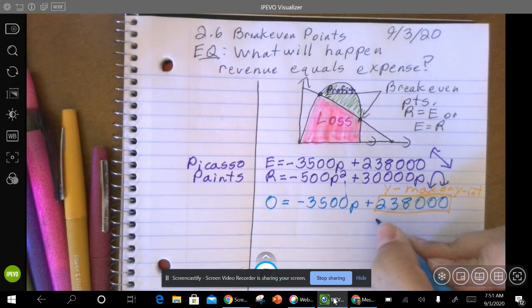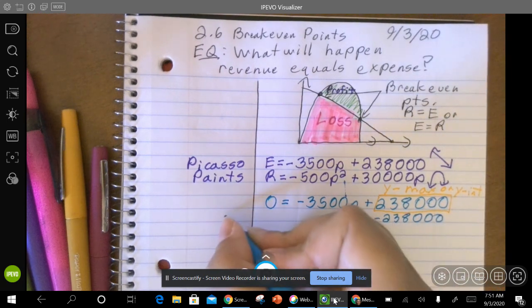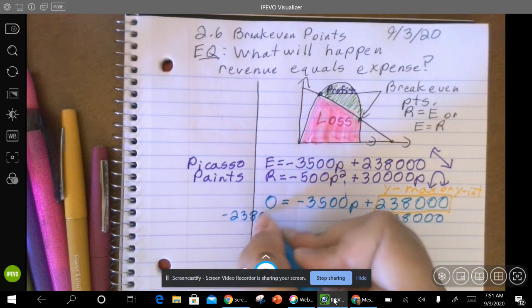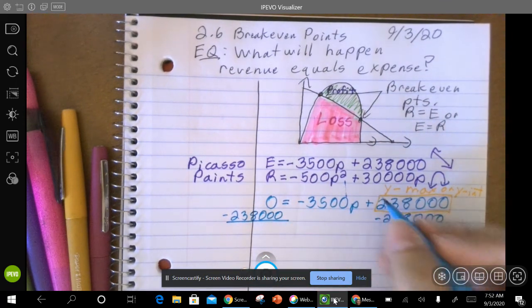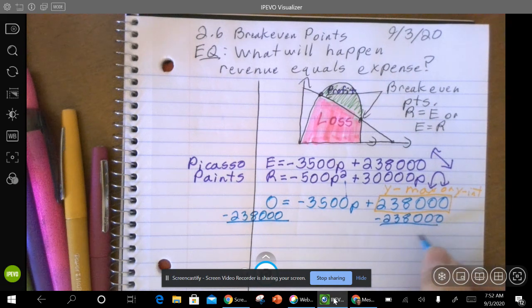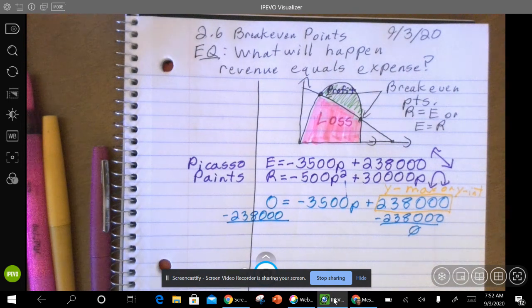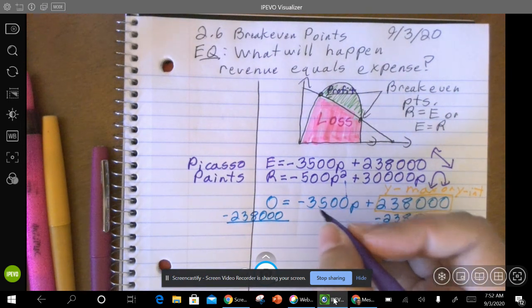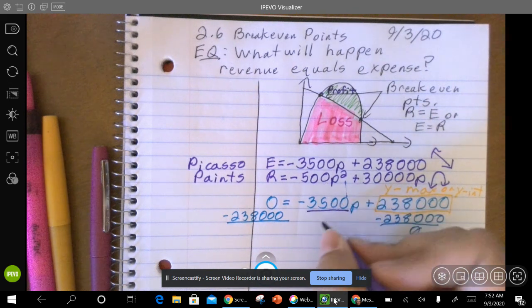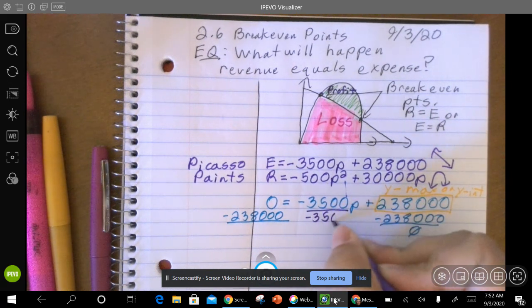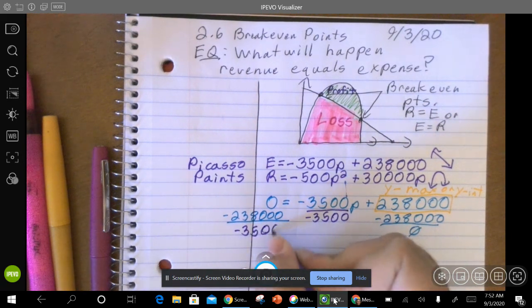We're going to subtract the 238,000 from each side. Remember, what we do to one side, we have to do to the other side. So we subtract it, and then that would be 0 on that side. We're solving for the price, so divide each side by negative 3,500.